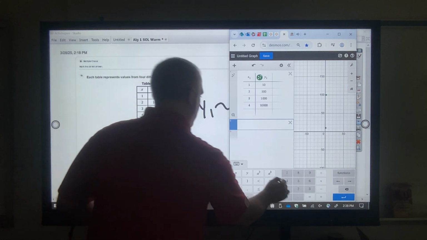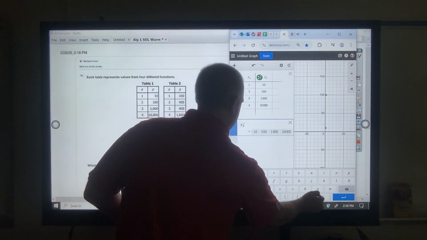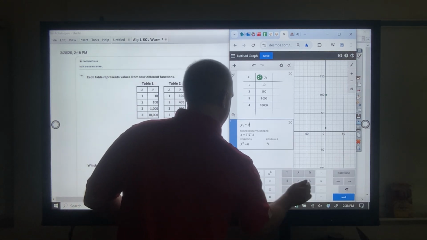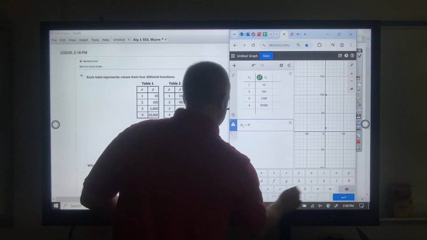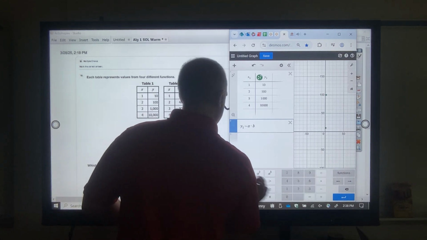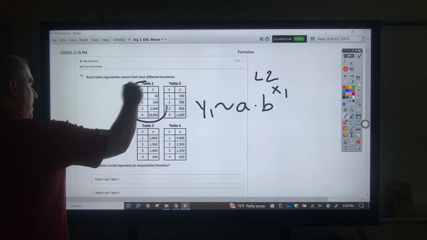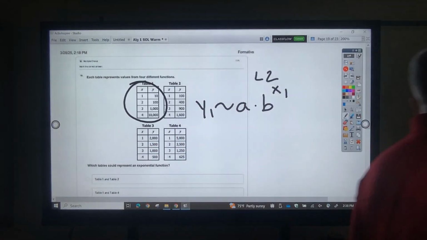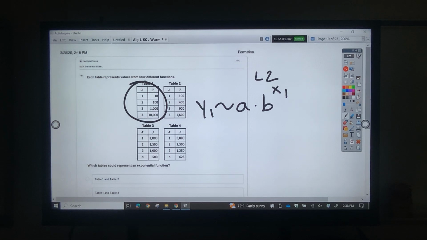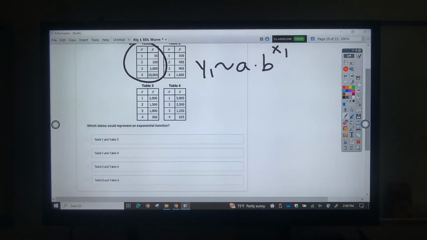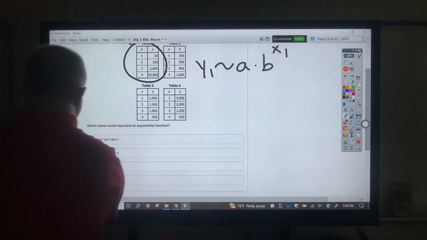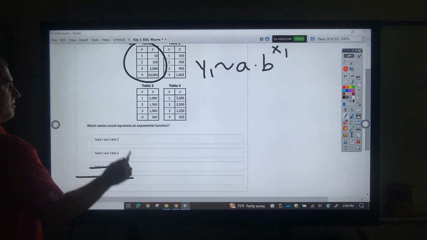So y1, curvy thing, a times b to the x1. Now, since the r squared is 1, that's one of them. Now, if you're being a good test taker, you don't have to try all these. It says table 1 and something. Well, this doesn't have table 1 in it. So the only thing I got to try is 2 and 4.